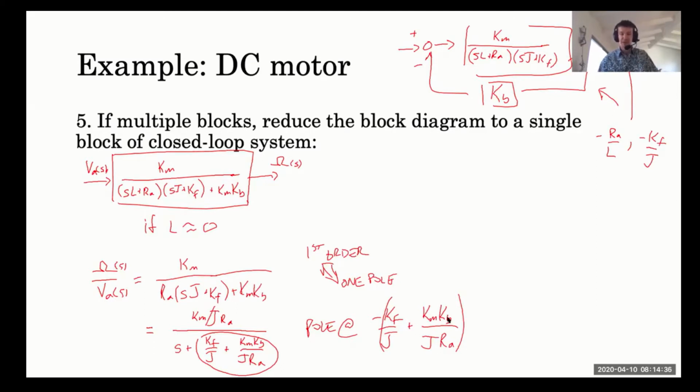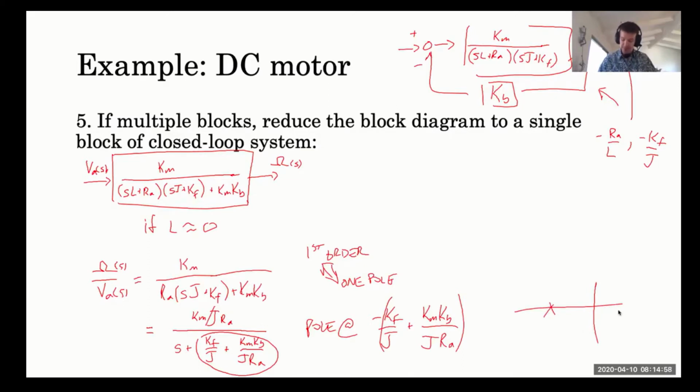The more speed, the more back EMF, so that's positive. J is a moment of inertia, so think of that as like a mass, and it's going to be positive. And Ra is a resistance, so that's positive as well. So my point here is that if I take a bunch of positive things and tack a negative sign on it, that tells me that the pole is going to be in the left half plane.